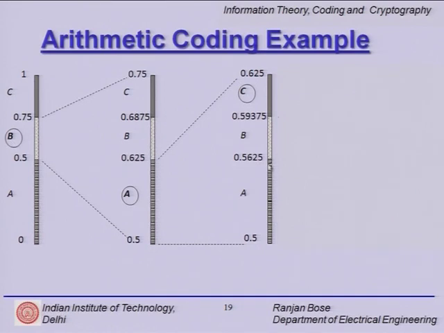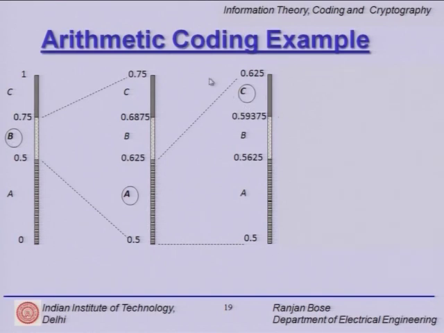The midway point is nothing but 0.5 plus 0.625, add them up and divide by 2. So, you get 0.5625 and then the same with 0.59375. No surprise, I am using more and more digits after the decimal point to represent the boundaries.